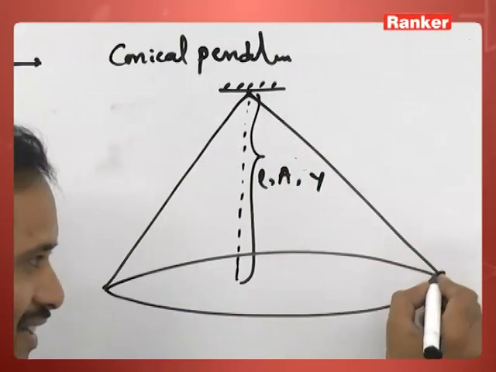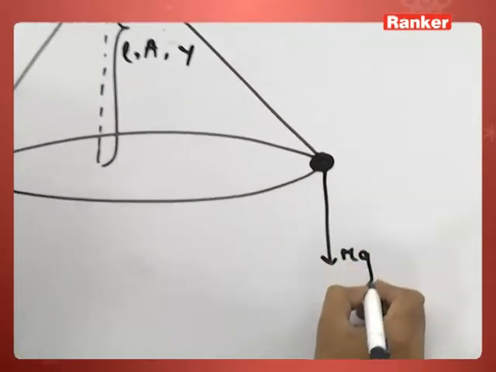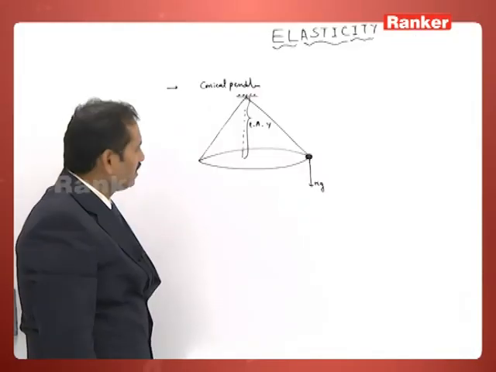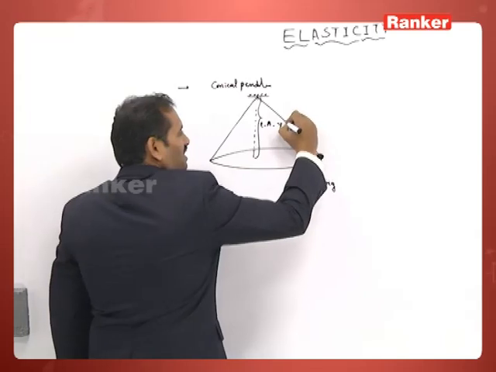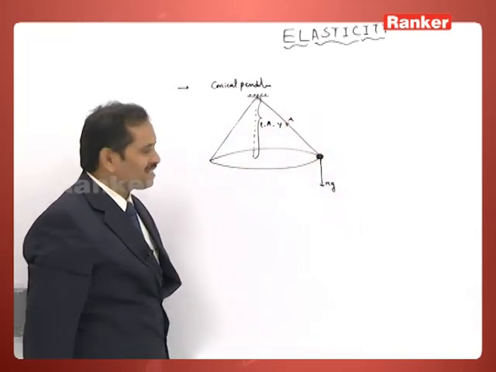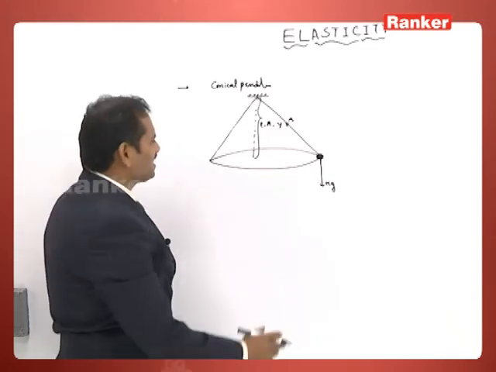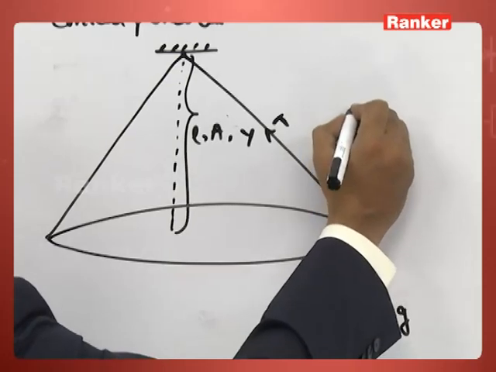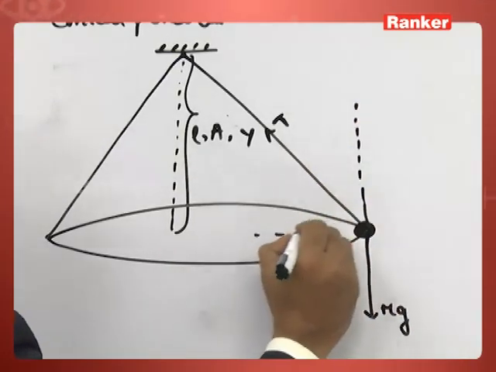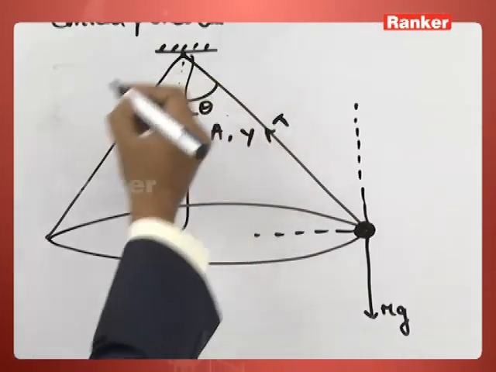Let us suppose, you know very well, mg, free body diagram. Tension towards the rigid support. They will ask, what is the extension produced in the wire? How to calculate this? Same logic, but here tension makes an angle theta.